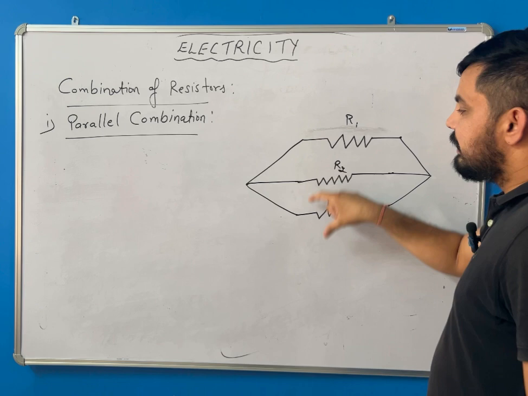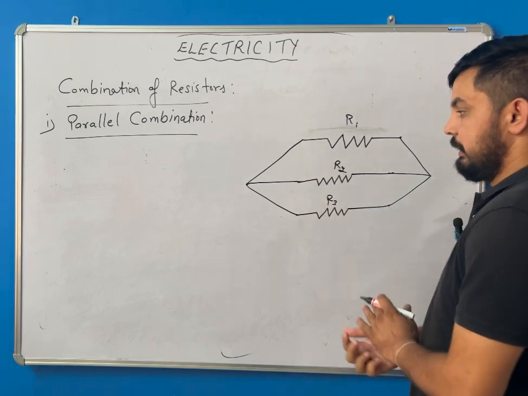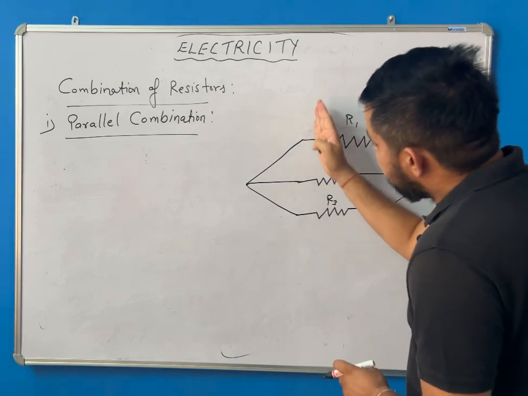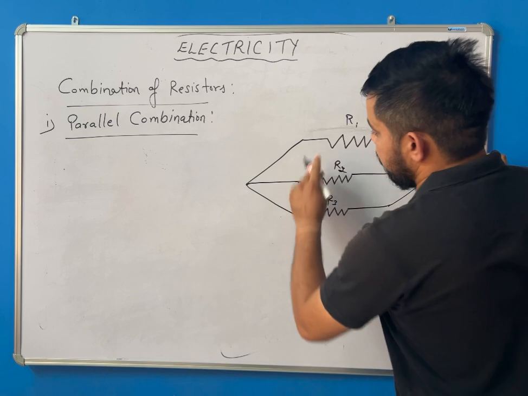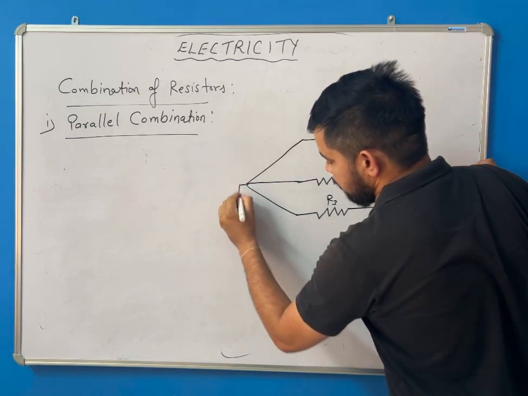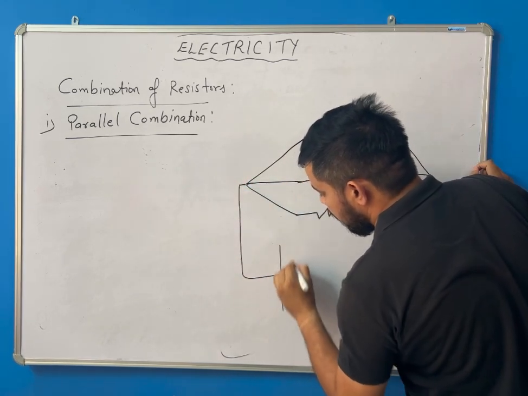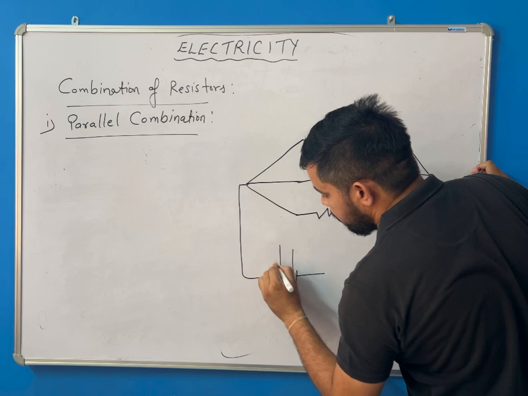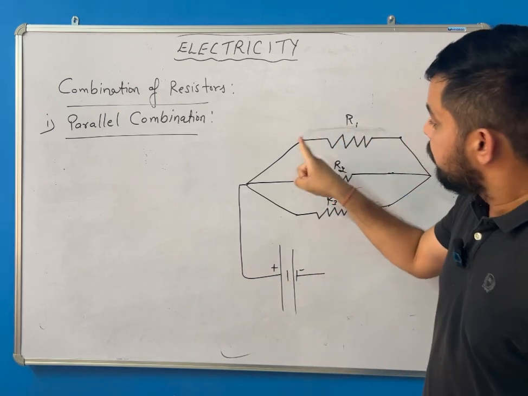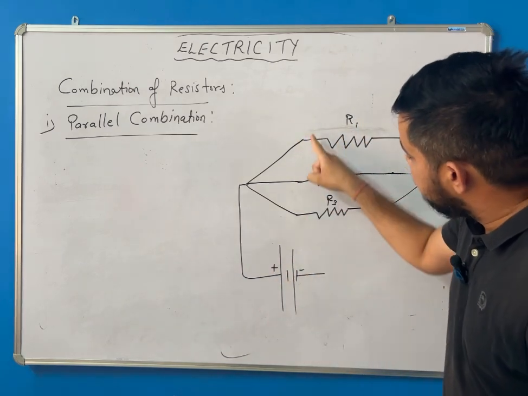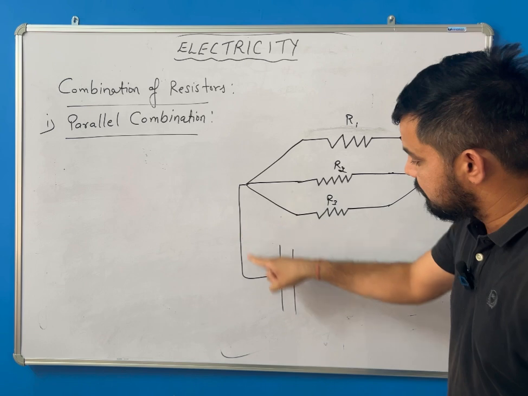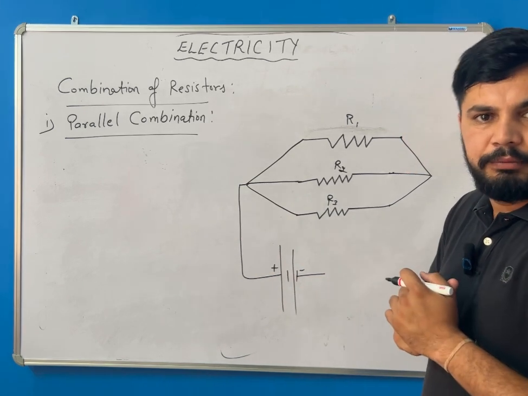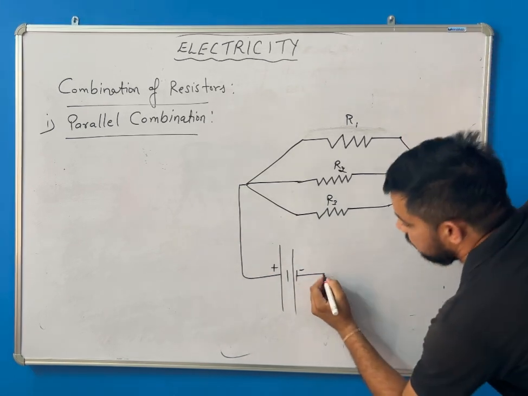Now combine these three resistors with a battery. How do we combine? The first end of all these resistors is connected to the positive terminal of the battery.